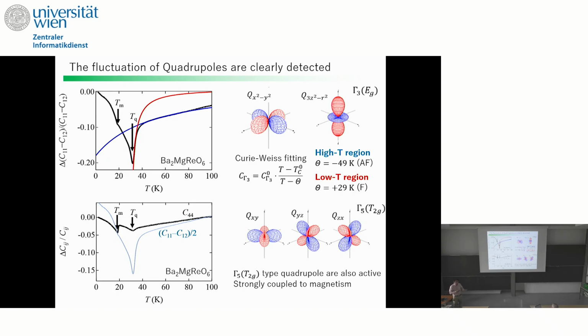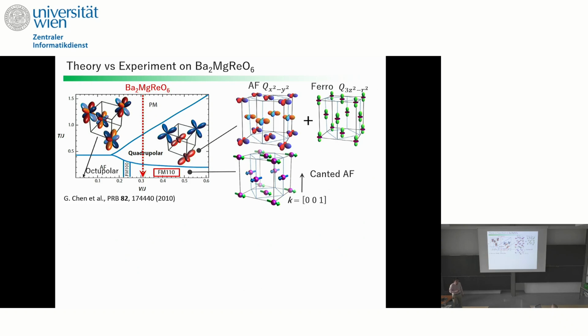So this also shows some quadrupole fluctuation exists above TQ. But the magnitude of softening is rather smaller compared to this one. We think that means this is not the primary order. Anyway, now we know the interaction between them.